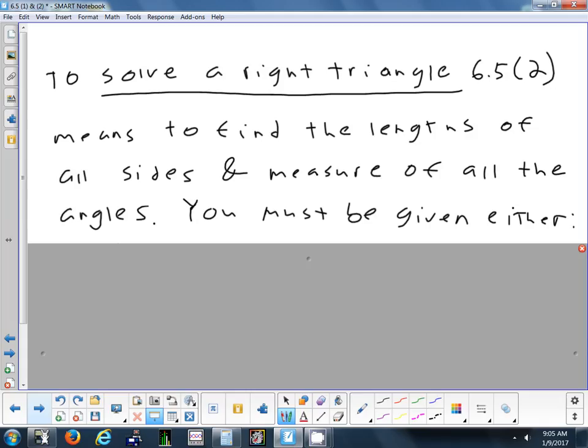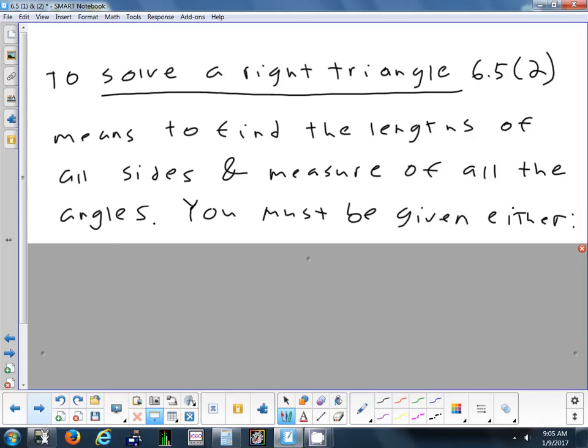Yep, that's one way I can do it. I can give you two sides. Or, what else could I give you? For a right triangle, if I want you to solve it, in addition to the 90-degree angle, I can either give you the two sides, or I can give you two other pieces of information. And you could still solve it.